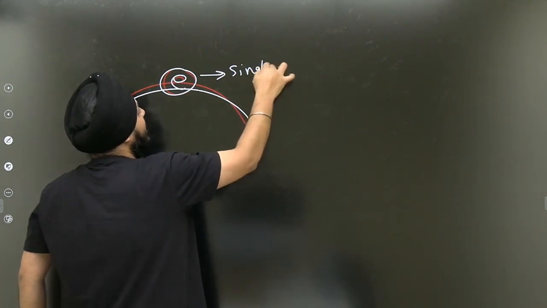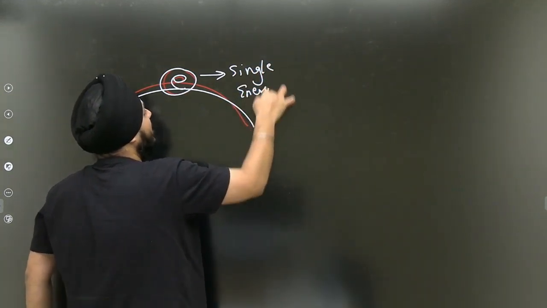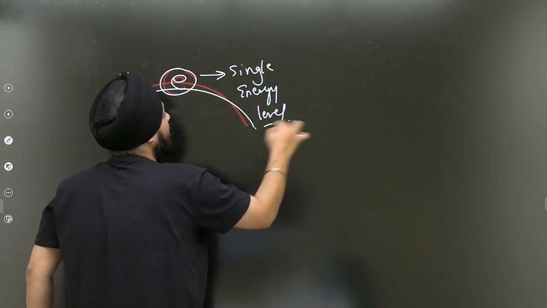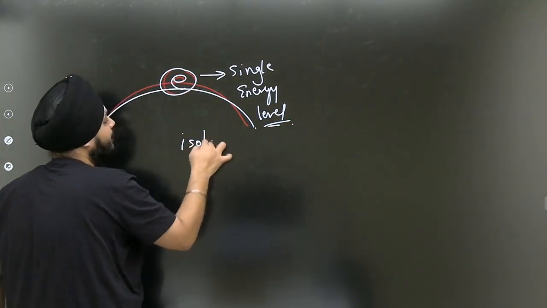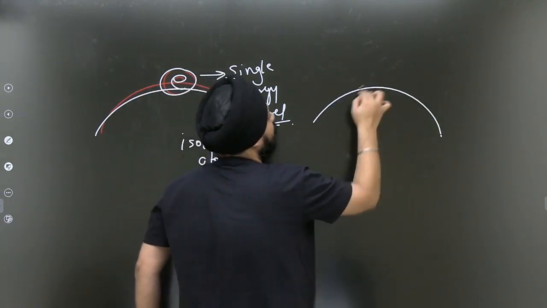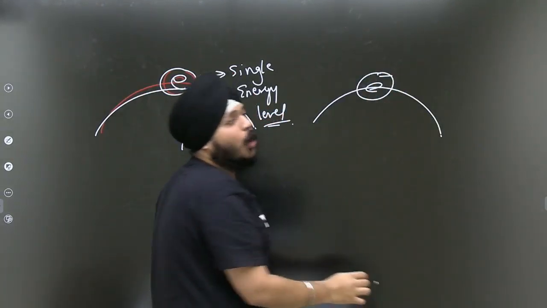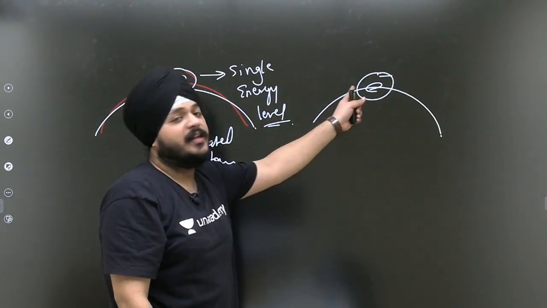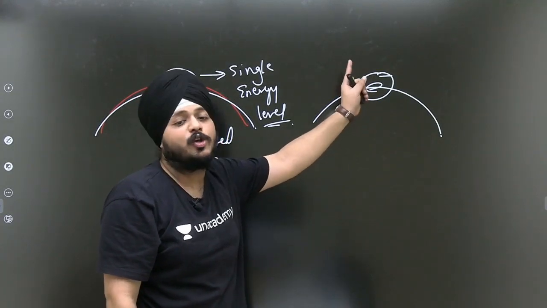Why does it have only a single energy level? Because it is an isolated atom. But in crystalline solids, we have the action of external forces.